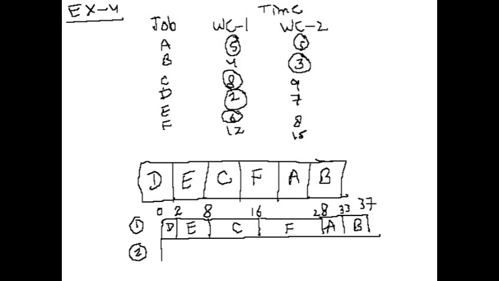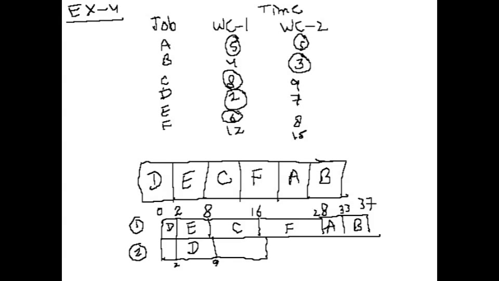Now, D can be assigned to work center 2 only when it is done with work center 1. So once it is done, then it needs 7 hours. So it will go up to 9 hours. So it will take totally 9 hours before D can be completed at work center 2.